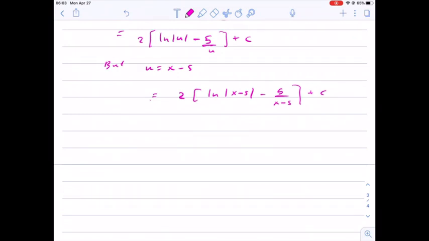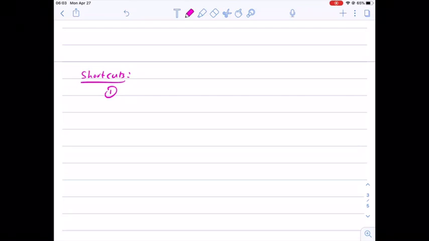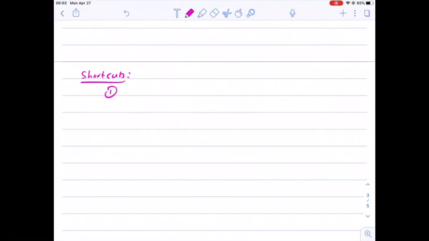Now we have some shortcuts from this method. We can find some shortcuts that can help us to find integrals in general. Sometimes we don't need to apply all the steps of the substitution method, so we can apply a result directly.